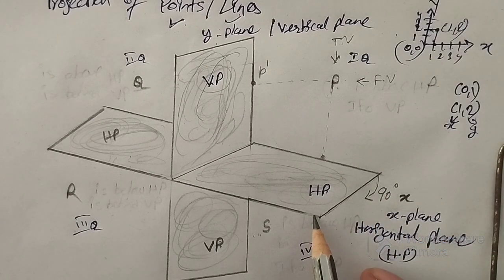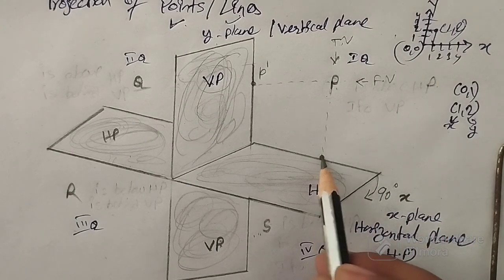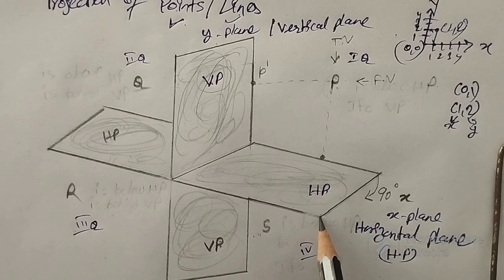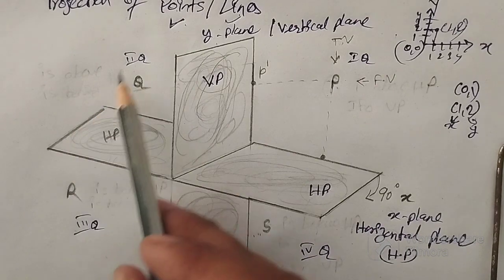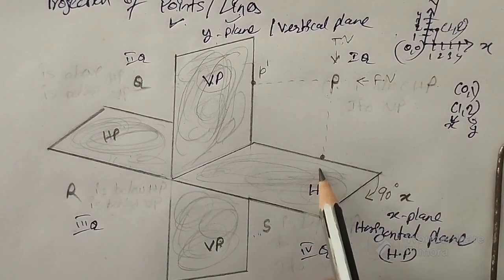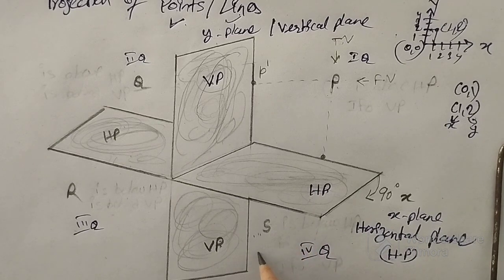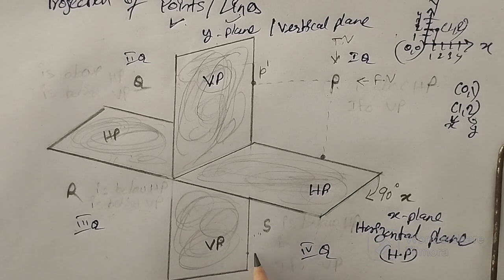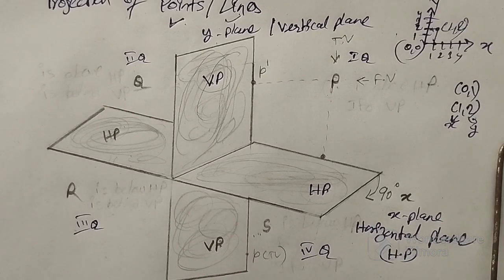So when you rotate, just see the point. When you're rotating this, this comes down, this is moving up. So this point will be transferred to somewhere here. That is top view.